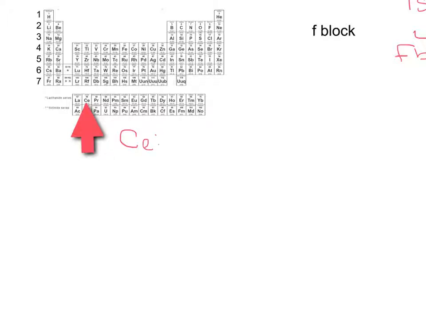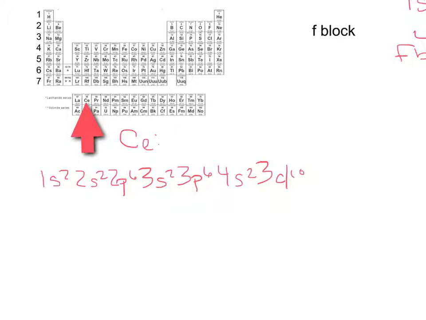So, here we go. 1s2, 2s2, 2p6, 3s2, 3p6, 4s2, 3d10, 4p6, 5s2, 4d10, 5p6. Am I there yet? Where am I?